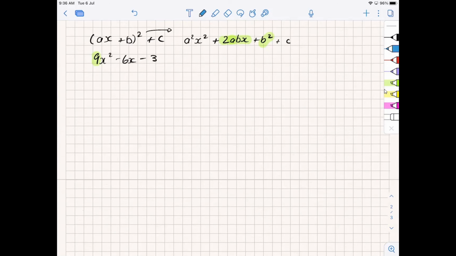We can either compare coefficients and create multiple simultaneous equations. Can you guys see the simultaneous equations that we need to create? You can see that a squared must equal 9.